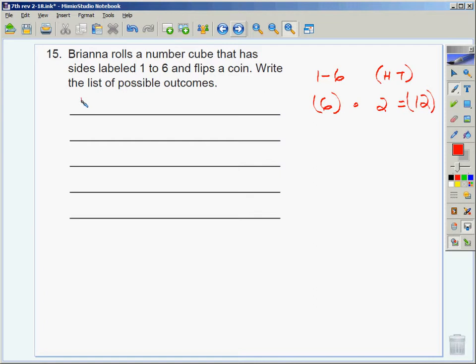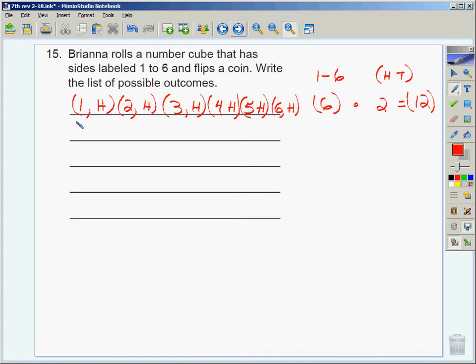Well, I could roll a 1 with the heads, a 2 with the heads, a 3, a 4, a 5, or a 6 with the heads.